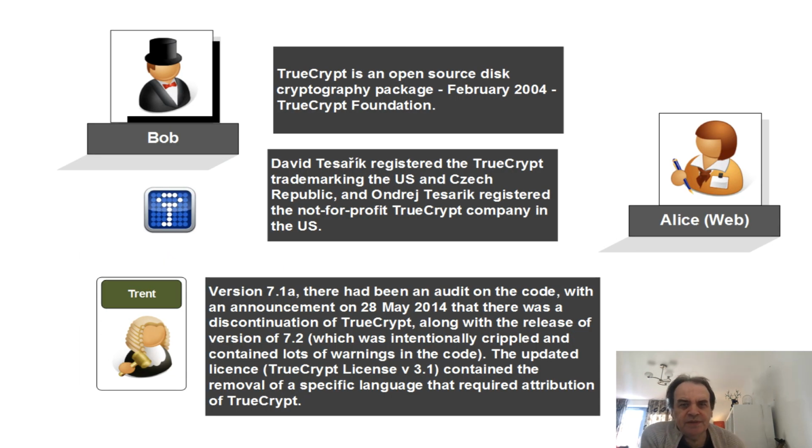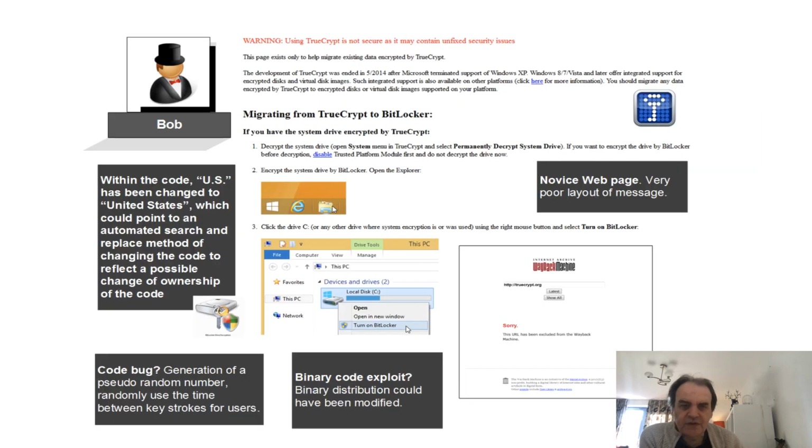So TrueCrypt was open source for a while, and unfortunately this happened. Something didn't quite go right, and the team developing TrueCrypt defined that everyone should move to BitLocker, which was a bit strange because before this they were saying that TrueCrypt is a replacement for BitLocker. So maybe they found a code bug, or there was a binary code exploitation.